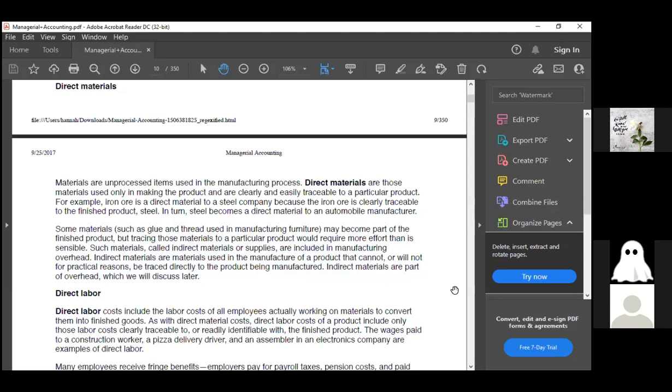So for example, if we take the example of furniture here, then wood, timber, or other types of wood, plywood, they would all be direct material because the wood is converted from raw wood into shapes and then into furniture, whereas the glue and thread used to make that furniture is an indirect material because the glue and thread is not converted into furniture, they are used to make the furniture.